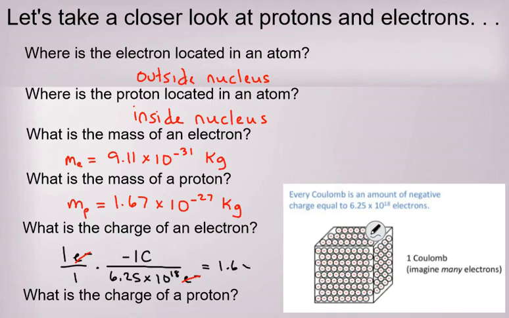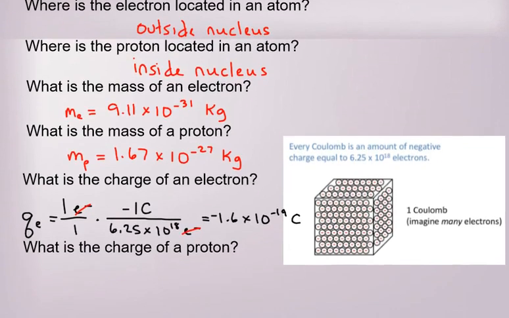And that turns out to be 1.6 times 10 to the negative 19 coulombs. That's going to be the charge of an electron, and charge is given the symbol Q. So the charge of an electron is going to be negative 1.6 times 10 to the negative 19 coulombs, again, because electrons are negative, something that you also are going to want to write down.